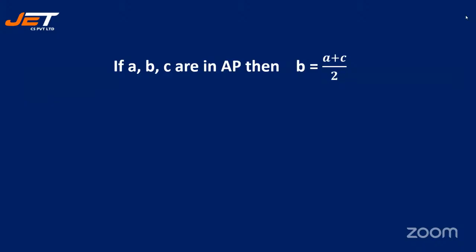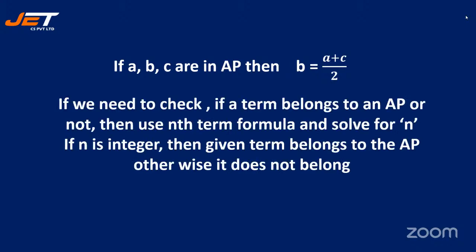So the centered term is the first and the last added and then divided by 2. If we need to check whether a term belongs to an AP or not, use the nth term formula and solve for n. If n is an integer, then the given term belongs to the arithmetic progression. Otherwise, it does not belong.